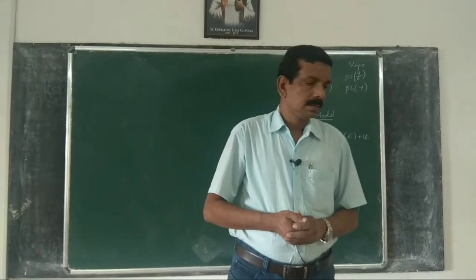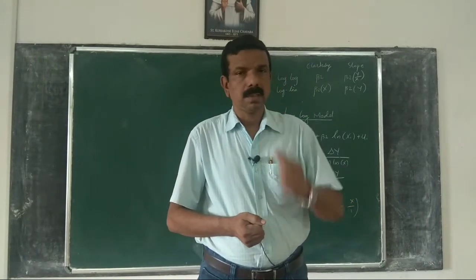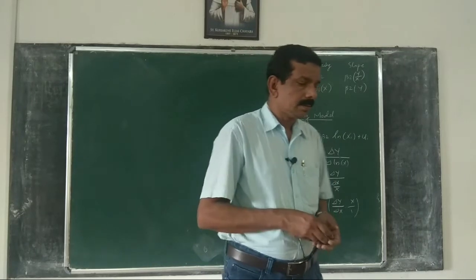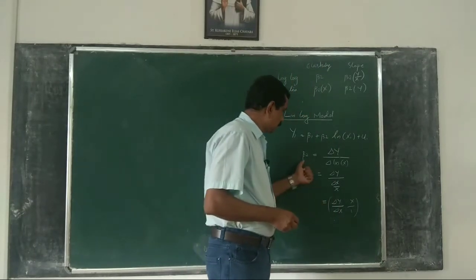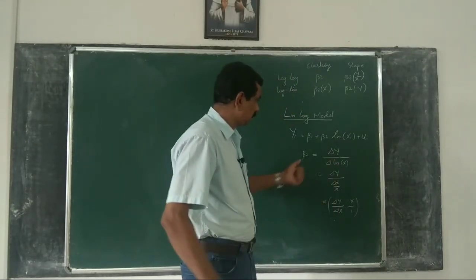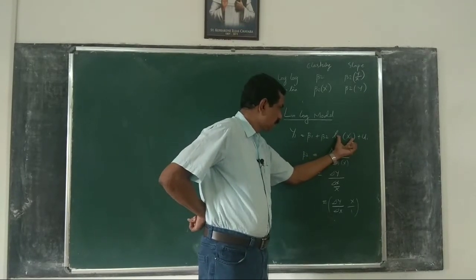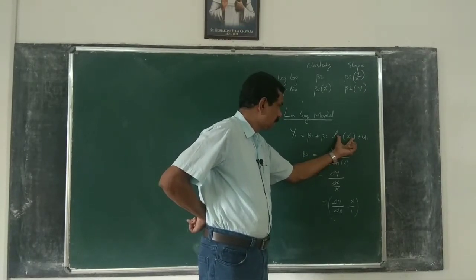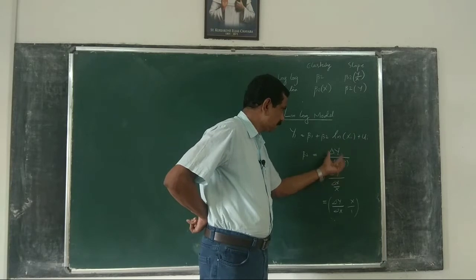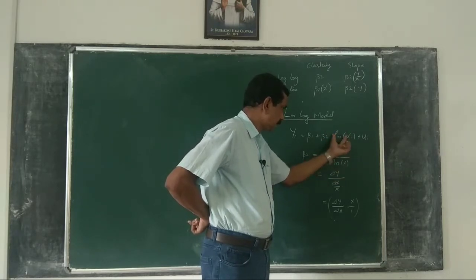That is beta 2. That is beta 2, that is dy by dx, dy by d ln x.